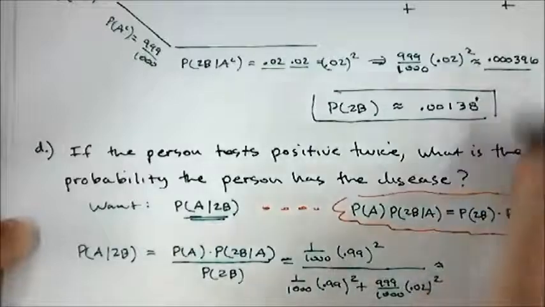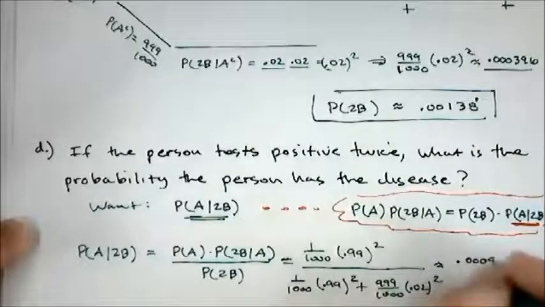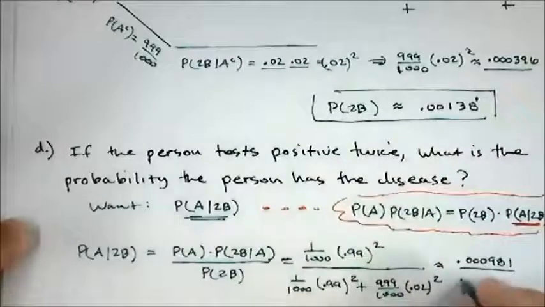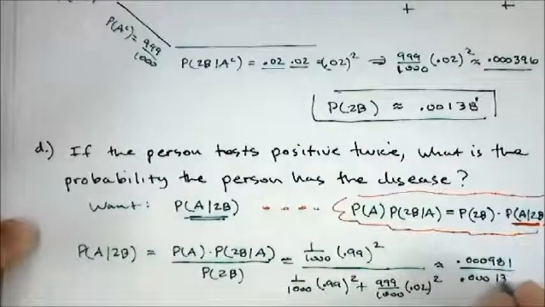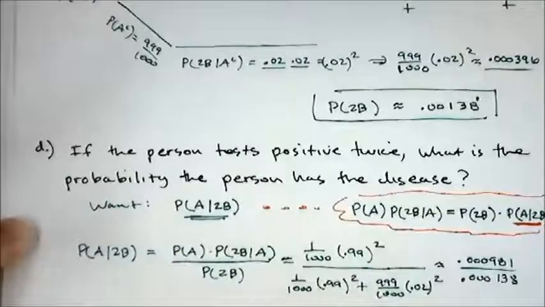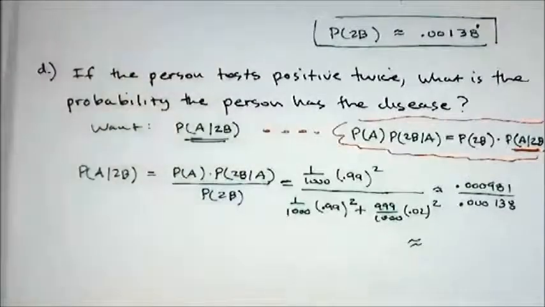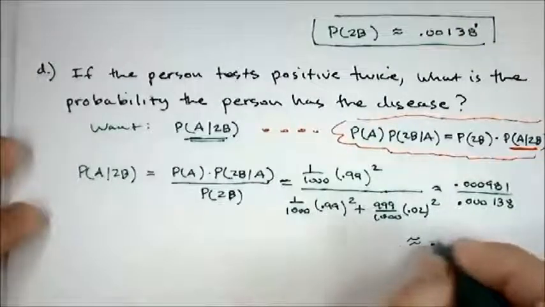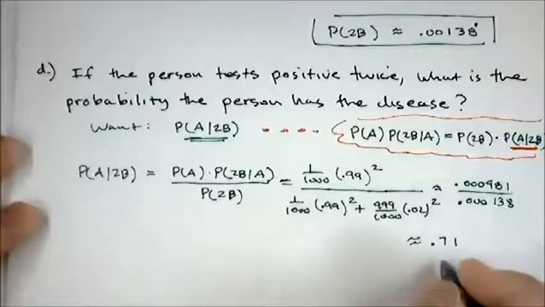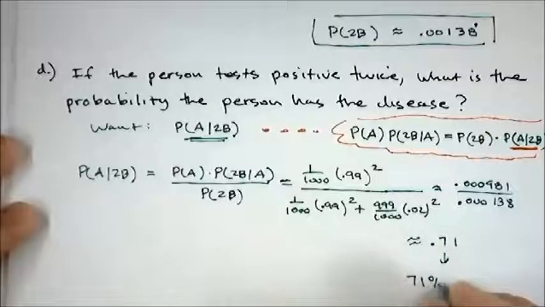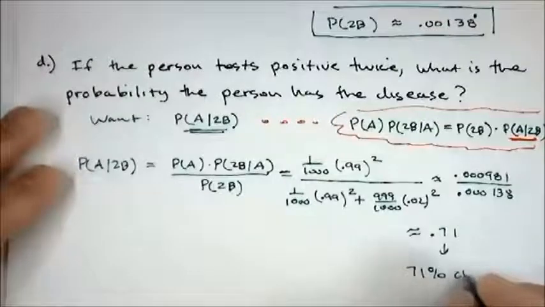Or in other words, just 0.000981 divided by 0.00138, which is about, I'm getting about 71%. 0.71, which can be interpreted now as a 71% chance that they have the disease, right?